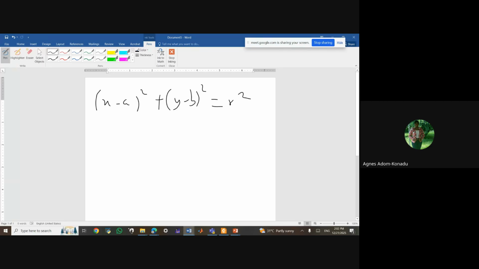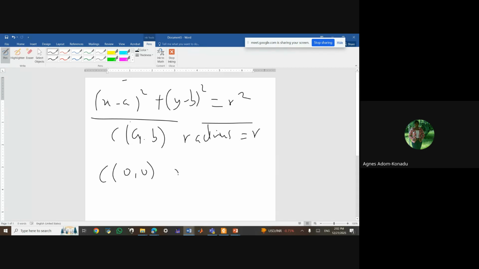In the question, the center is (a, b) and my radius is r. But in the question, we are told that the center is the origin, so the center has coordinates 0, 0, and my radius is square root of 13.